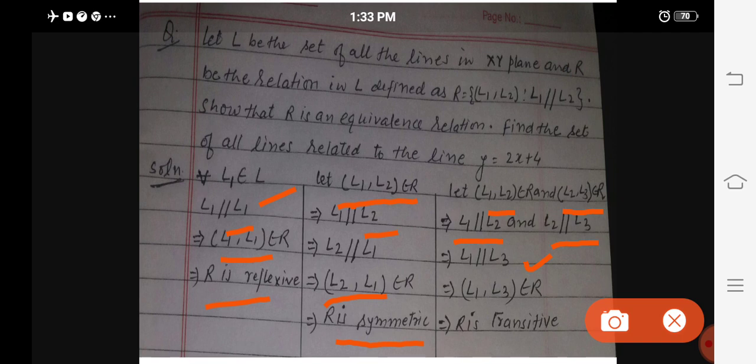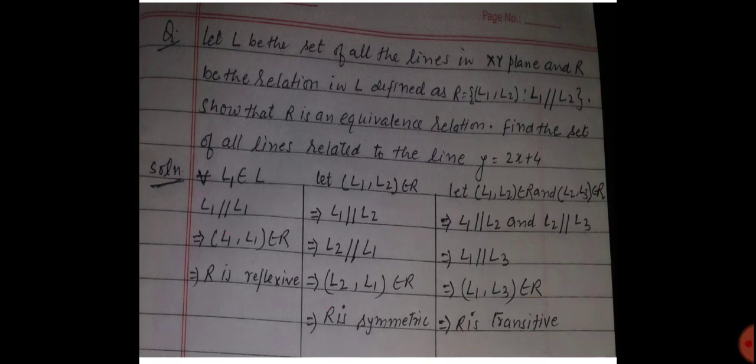So (L1, L3) also belongs to R. So we have shown that if (L1, L2) belongs to R and (L2, L3) belongs to R, then (L1, L3) also belongs to R. So the given relation is transitive.